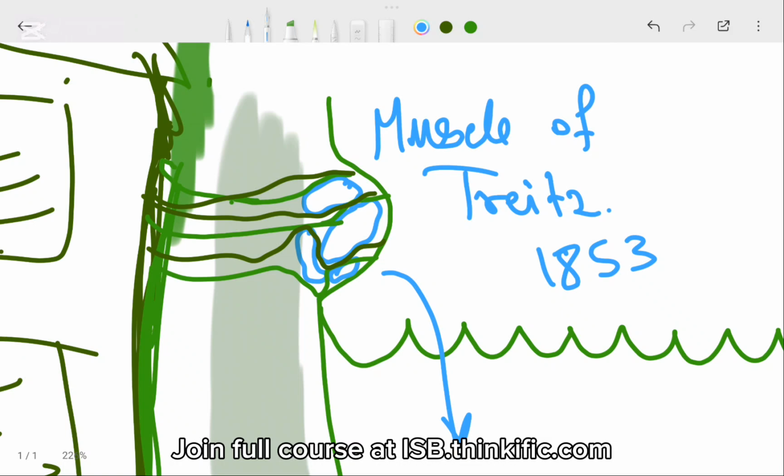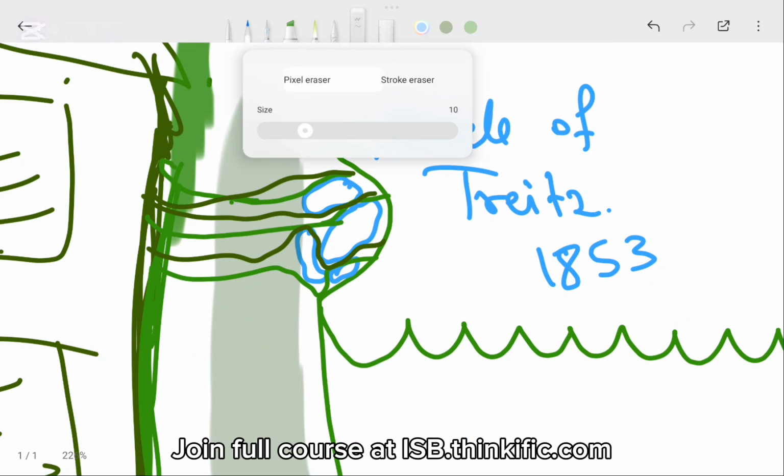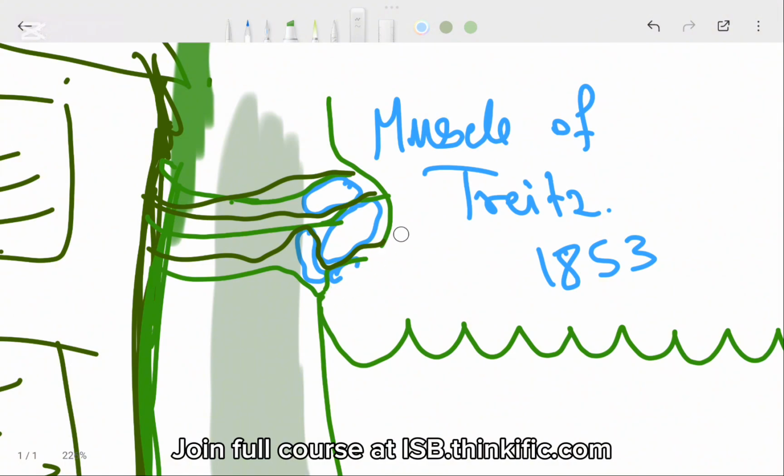And if this structure is weak, if the Treitz muscle is deficient, or degenerates, or disappears, the anal cushion, as I told you, is heavy, fills with blood, becomes saggy, and descends down.